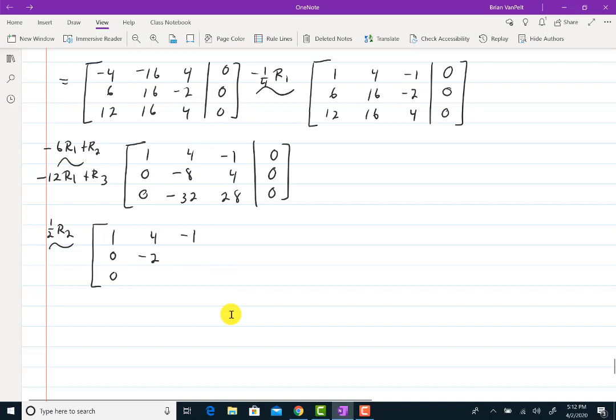We get -2, and then actually -4 and 2. And then I have -32 and 28. So now I can simply add R1 to R2. Let me also check this last row before I go on. So -12 times -1 is +12, plus 4 is actually 16 right there.